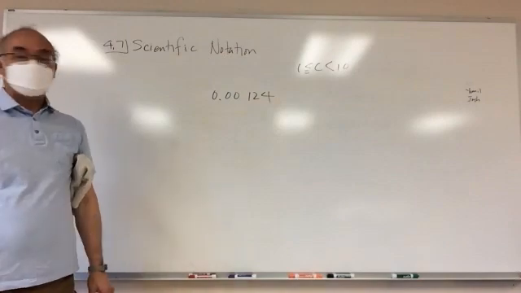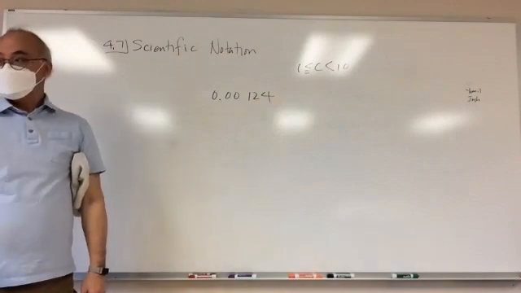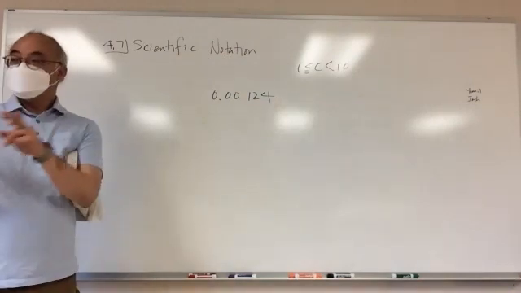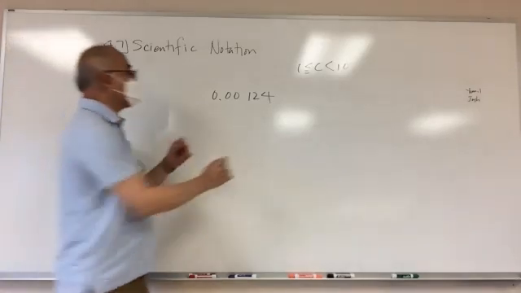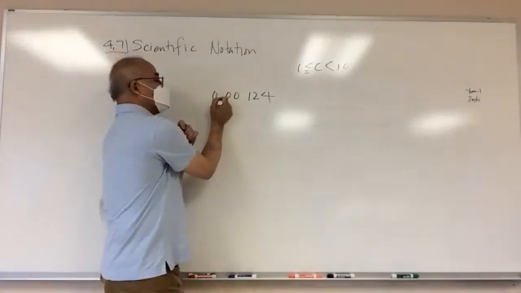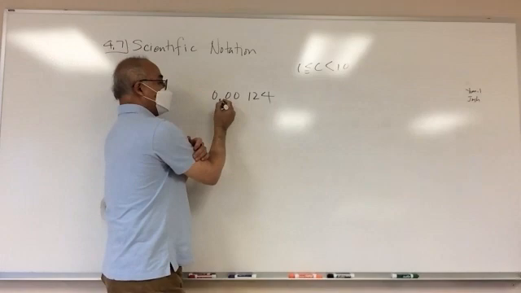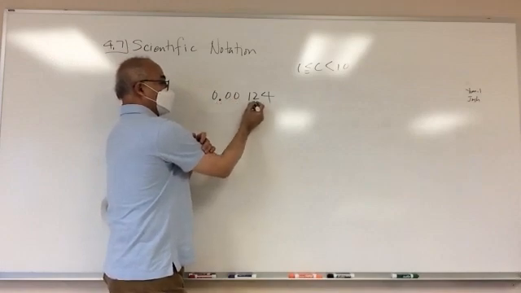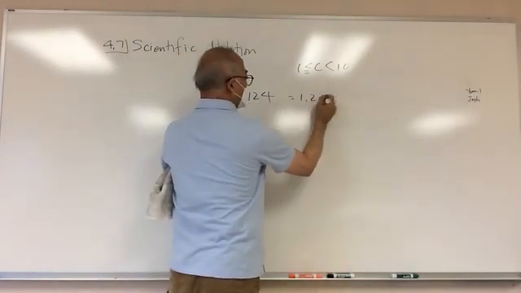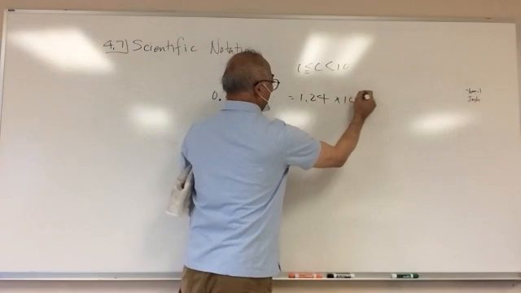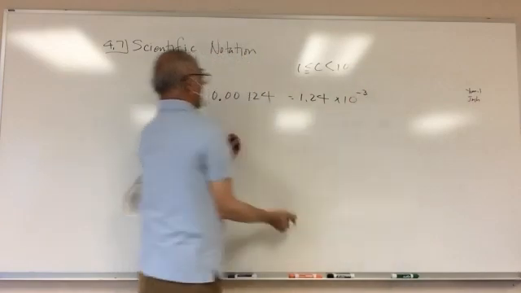And what would that be? Would that be like 1.24? It'd be 1.24, right? In other words, you're going to have to move the decimal point from here to here. So let's count how many ways I have to go. I have to go 1, 2, 3, right? That's 3. So it's going to be 1.24 times 10 to the negative 3 because I went this way.